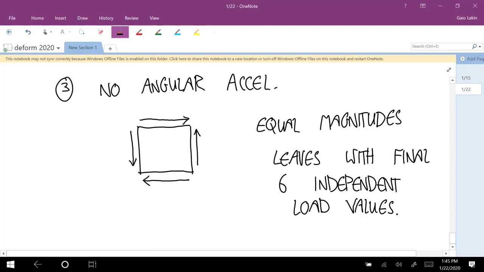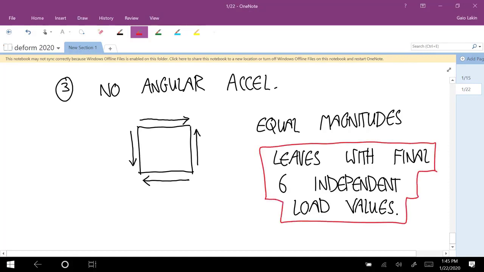Okay, so let's look at the naming for those. So these 6 values are the stress tensor. We haven't discussed the format of it yet, but these are the values that we're going to be keeping track of to represent how much internal loading there is at a single point.